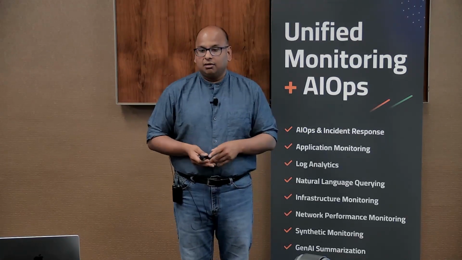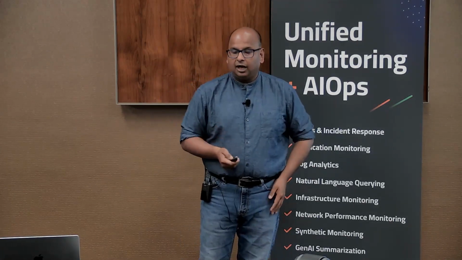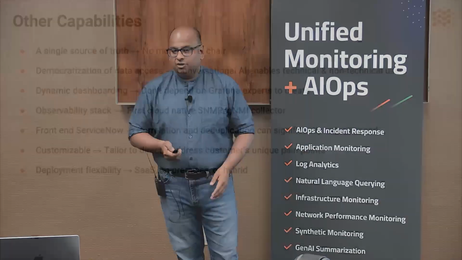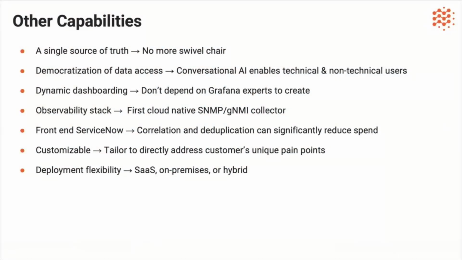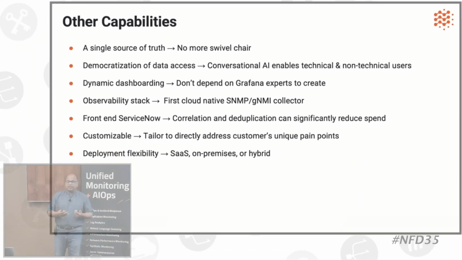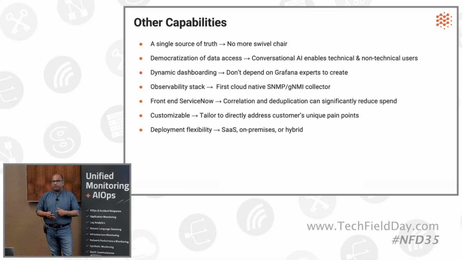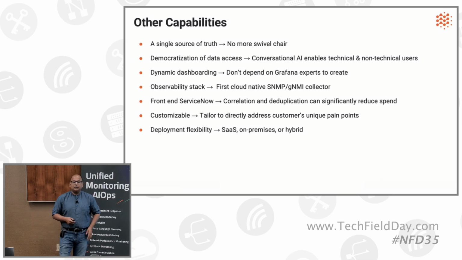I'm running out of time here. So there are other capabilities. We talked about alerting and browsing today, but the system has a lot of other capabilities. People have started using us as a single source of truth. I think we have one of the best SNMP collection mechanisms that we've implemented.